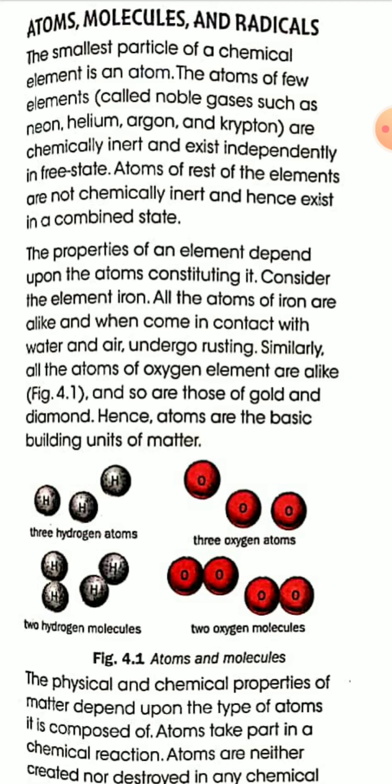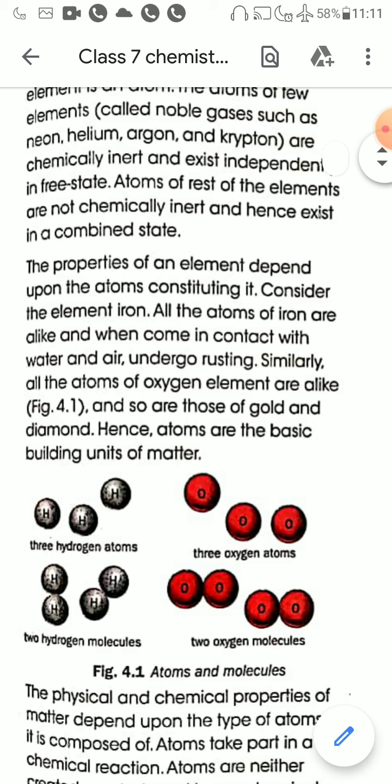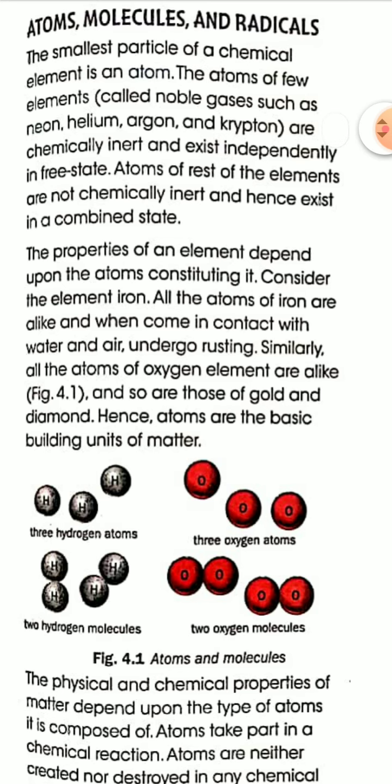In this periodic table you have seen that some noble gases exist independently and are chemically inert, and most of the elements are not chemically inert, they are reactive elements, and hence they exist in a combined state.